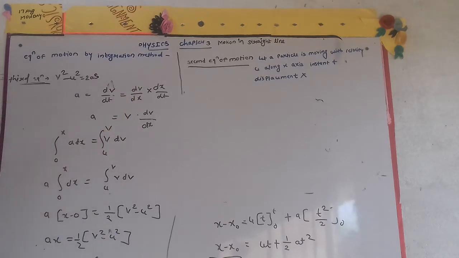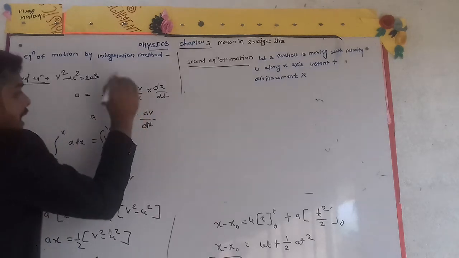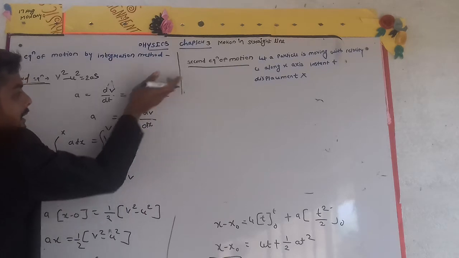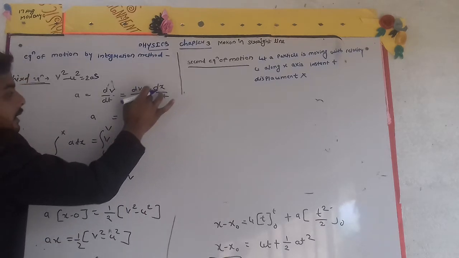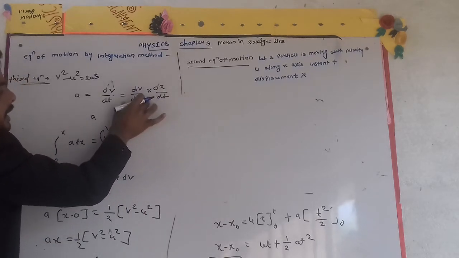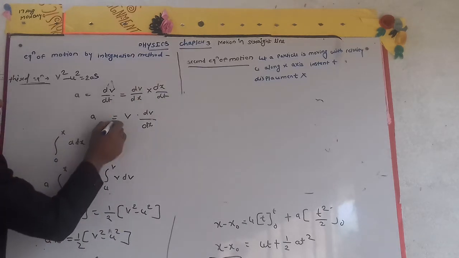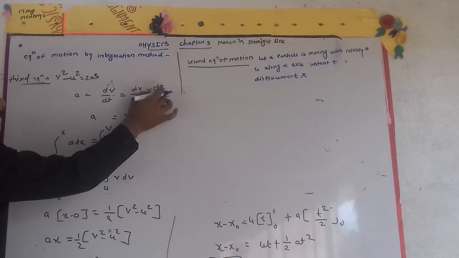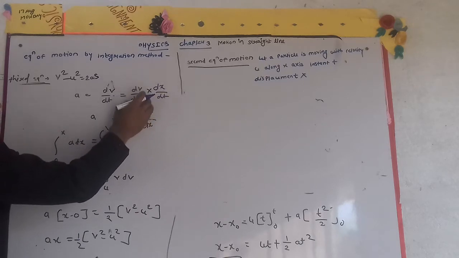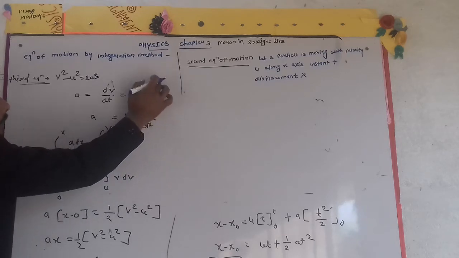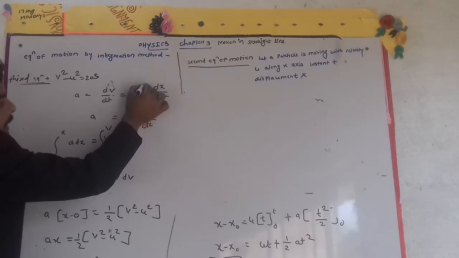I am multiplying and dividing by dx, so we can write dv upon dx into dx upon dt.